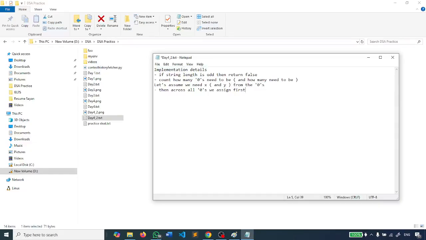Across all zeros we assign the first x zeros as opening and the final y zeros as the opposite. Then we will use the traditional stack algorithm and check if we attained our valid parenthesis, RBS.